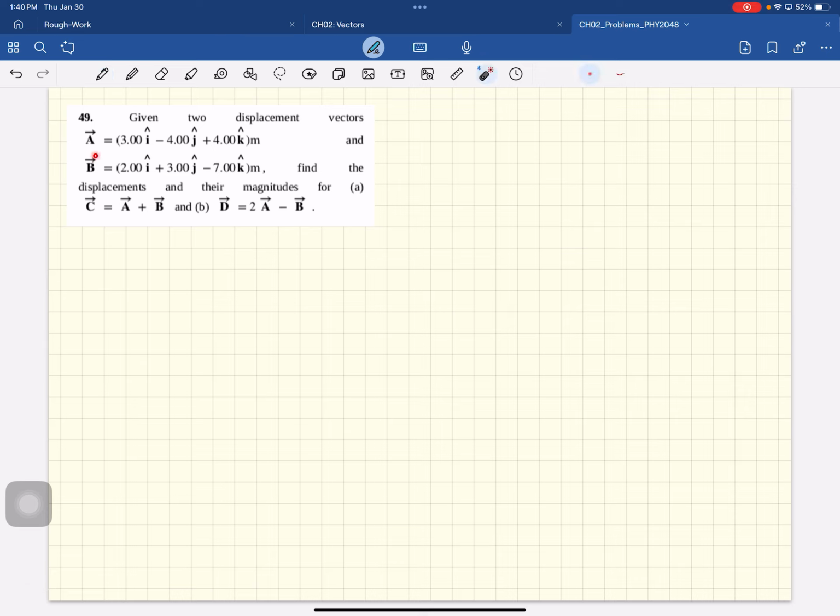So here's a vector. How many dimensions is this? 3: X, Y, Z. So this is a 3-dimensional vector. Here are 2 displacements, and they want you to calculate this.